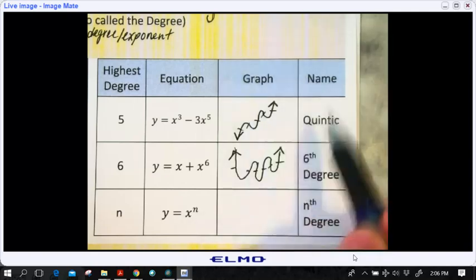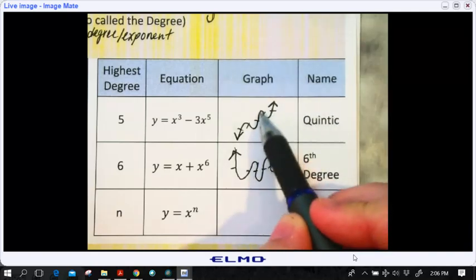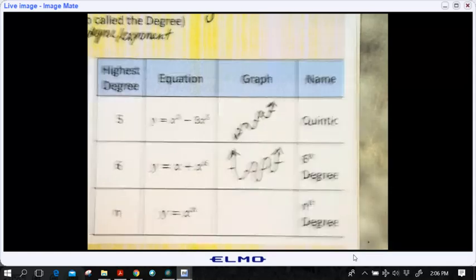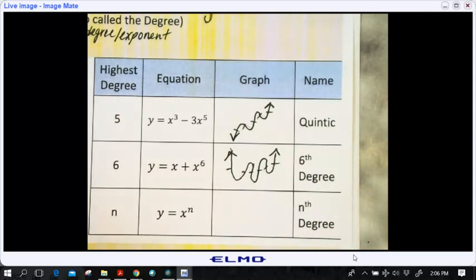And again, it changes direction 4 times, and so it goes in 5 different unique directions based on what part of the graph you're looking at. Anything that is 6th degree or higher, we don't have a name for that. We just call it 6th degree or 7th degree polynomial, okay? So anything up to the nth degree.